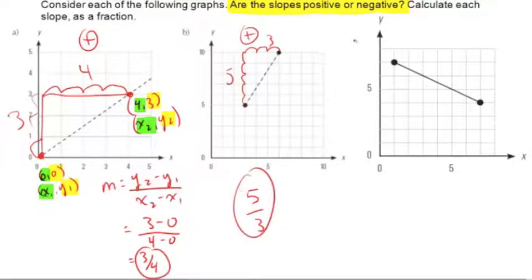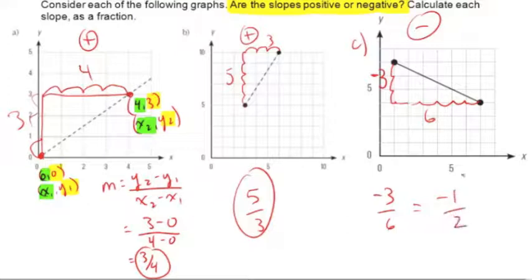Okay, this example, we'll call example C. This slope will be negative. Our rise here is going to be 3. The reason that our slope ends up negative is because we're going down, so we're dropping 3, and then we're going to run 1, 2, 3, 4, 5, 6. So rise over run is negative 3 over 6, and if we simplify that fraction, it's negative 1 over 2.